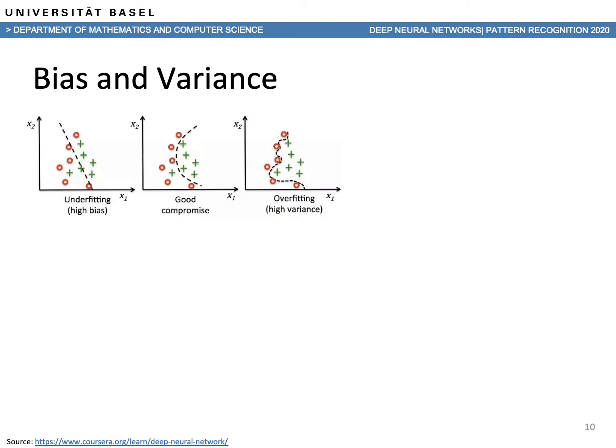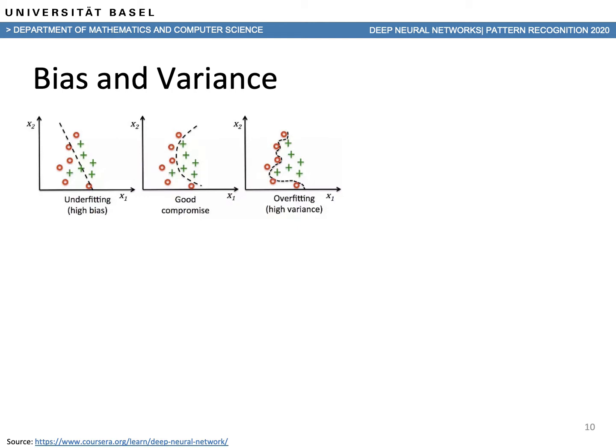When training a neural network, you'll often hear about the bias and variance trade-off. There are, extremely simplified, these three scenarios. Underfitting, where you're having too high a bias in your network.